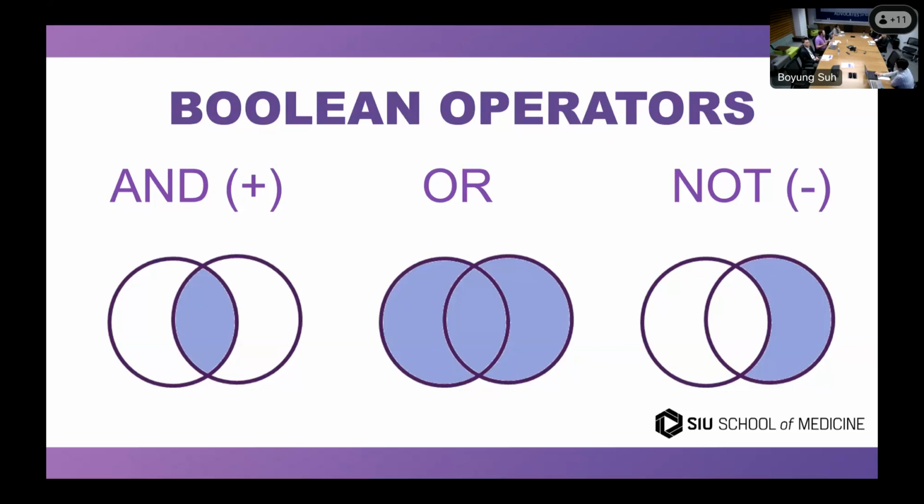NOT is exactly what it sounds like. So we want to know medical students and evaluation or feedback, NOT nursing students or dental students. Truthfully, as we talked about earlier, we don't want to be too focused on something. Perhaps in our research we really are focused on medical students, but if we're thinking education route, there's not much difference in our overall education framework if we're talking about medical students or dental students or nursing students.